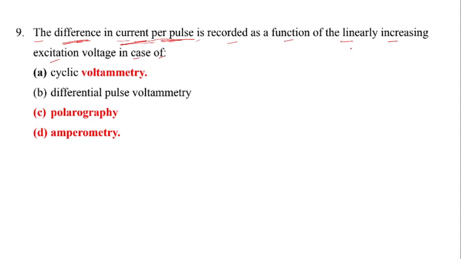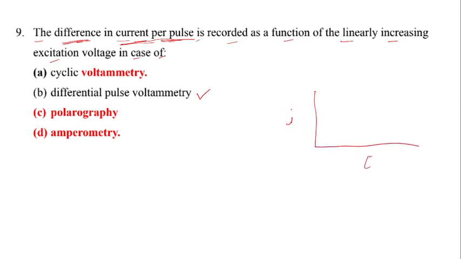So it is already explained, it is differential pulse voltammetry. Differential pulse voltammetry means you are changing the pulse and you are measuring the current.